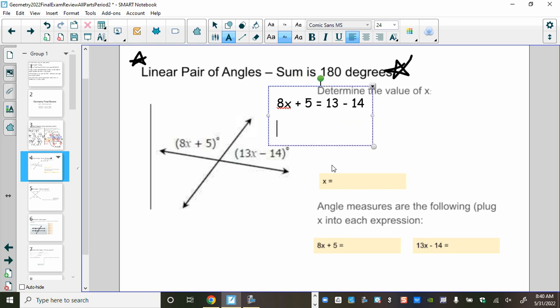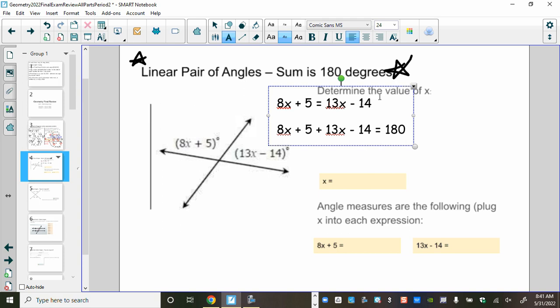Or is it, okay, which one of these two equations am I using? Is it the top or bottom? Am I using this one? Am I using that one? Linear pair. Is this sum equal to 180?